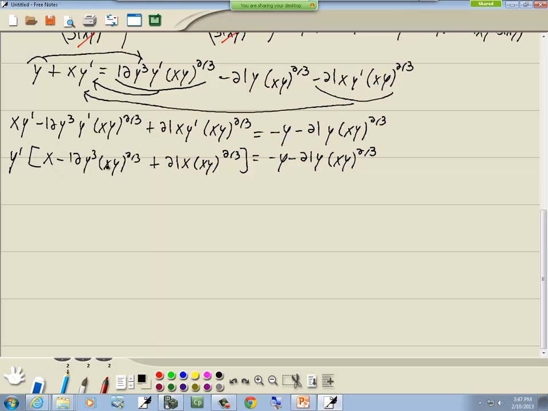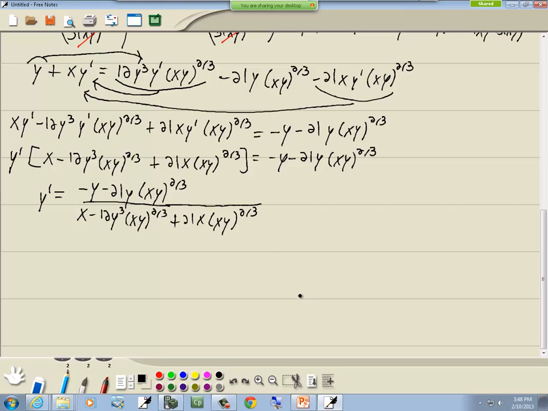I won't write that step out because I'm running out of time and space. So we got negative y minus 21y xy to the 2/3 over x minus 12y to the third xy to the 2/3 plus 21x xy to the 2/3. And that's probably our answer, assuming no basic algebra mistakes.